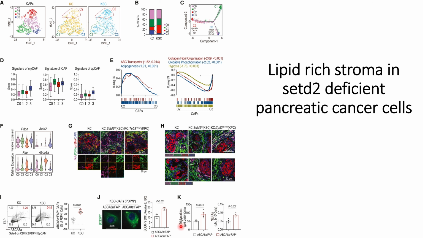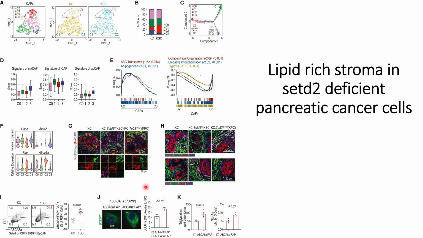For example, triglyceride is overexpressed in the ABCA8A plus FAP plus cells, whereas the control ABCA8A minus FAP minus cells do not have triglyceride or any fatty acids. The right-hand side of panel J shows the quantification of this fluorescence image, showing that BODIPY MFI is high in ABCA8A plus FAP plus cells compared to ABCA8A minus FAP minus cells.